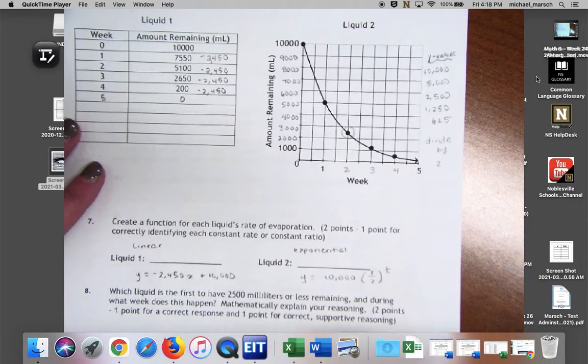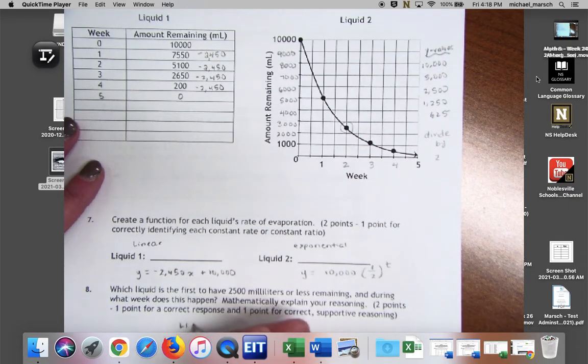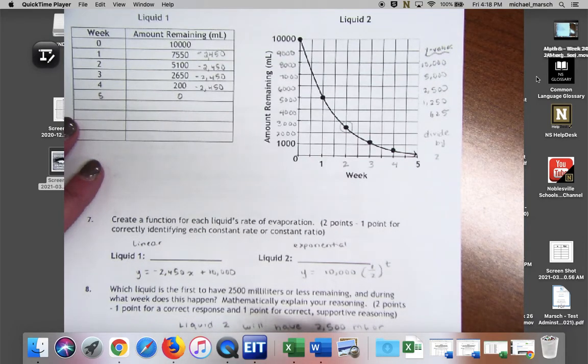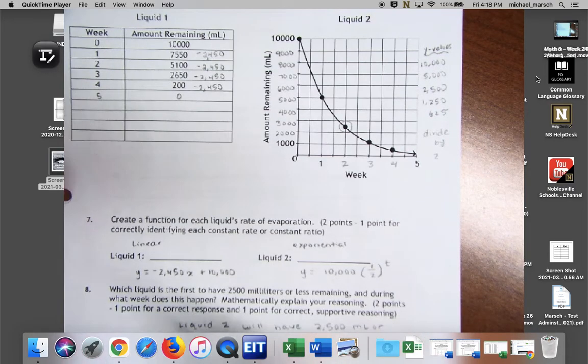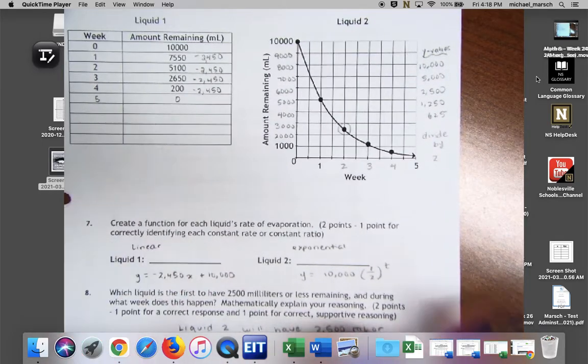So the liquid to get there first, to lose that much first, we would say liquid 2 will have 2,500 milliliters or less during the second week. Or let's not say during the second week, let's say at exactly 2 weeks.